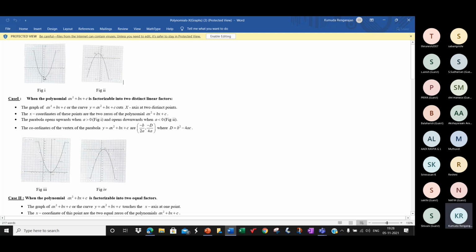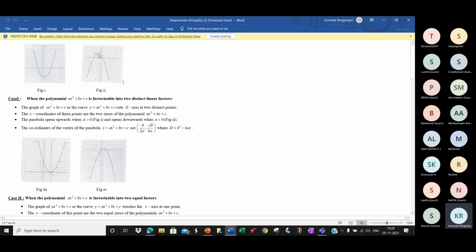And this lowest point here, see, this is the lowest point. Can you see my cursor, children? Yes, ma'am. This is the lowest point of the parabola. This is the highest point of the parabola. In this graph, this is the lowest point of the parabola.